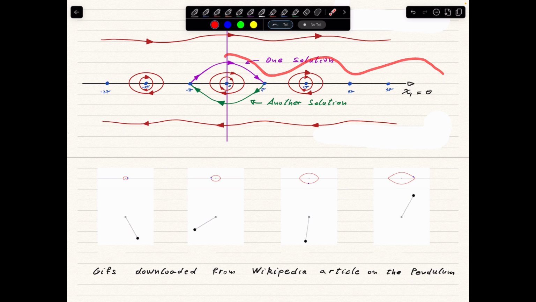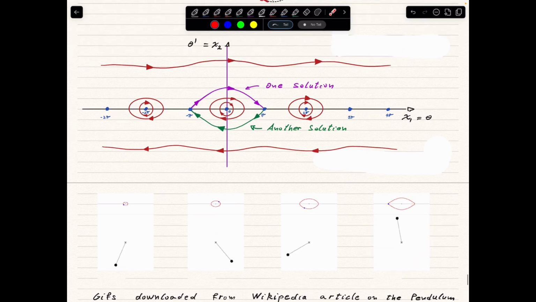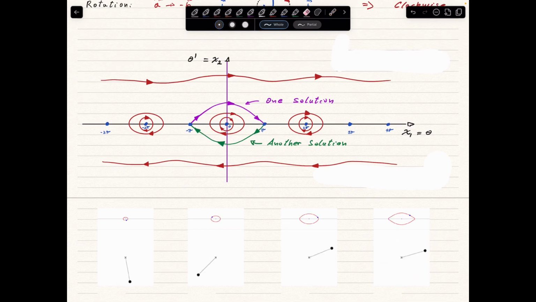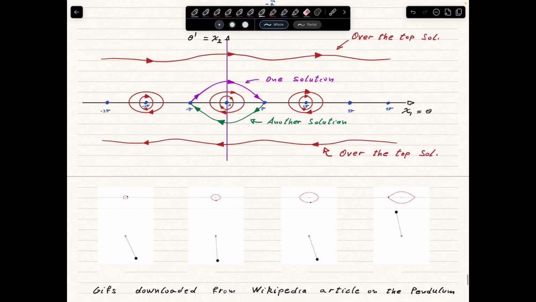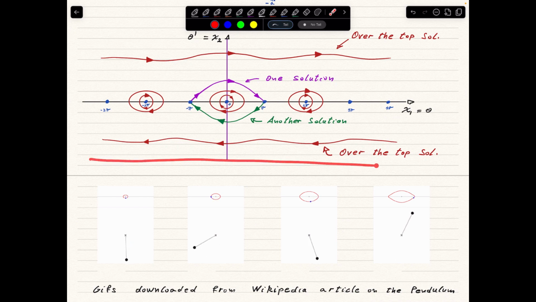That is when the pendulum goes over the top forever, and these are these curves. It goes over the top in one direction, and over the top in the other direction. So this is the picture, the phase portrait of the pendulum for friction coefficient equals 0.